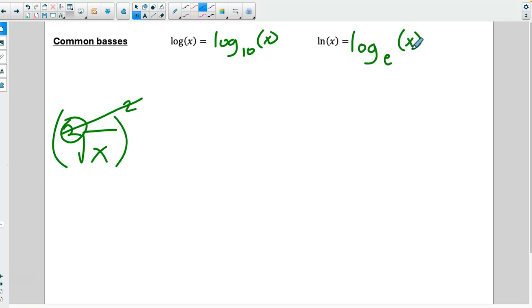If you ever get the chance to make it to calculus, e shows up a lot. It's a really cool thing actually. We're not going to dive too far into that, but when you see ln, it just means log base e. I don't want you to write log base e, I just want you to write ln. Be as efficient as possible. We do expect you to know that. So you can utilize your notes to remind you of that when you're doing your homework, but get used to it. All right? Questions?